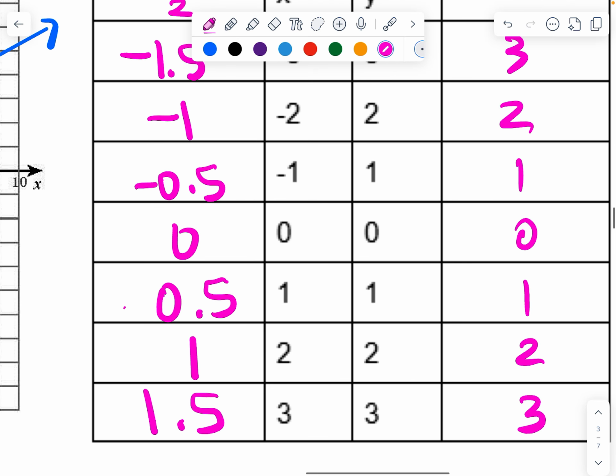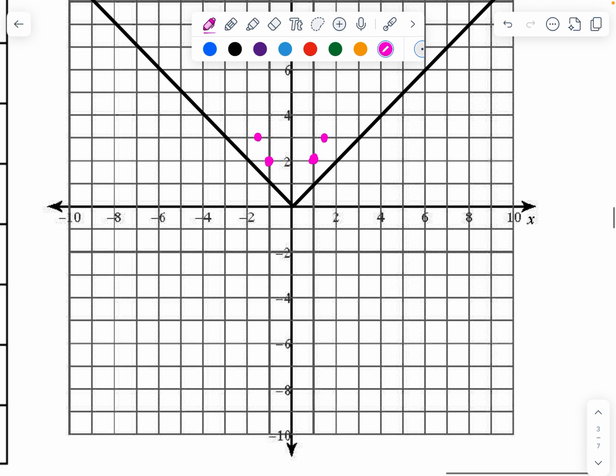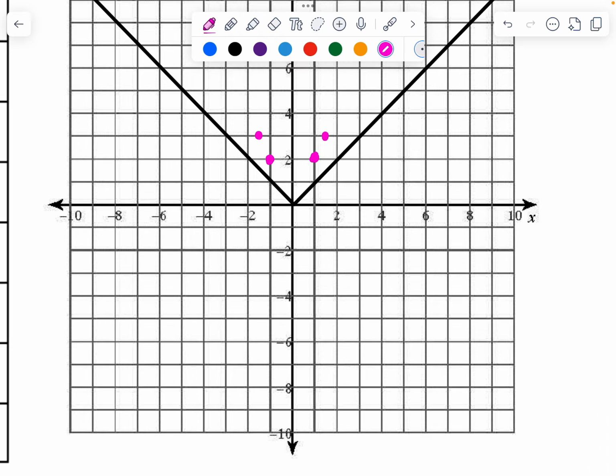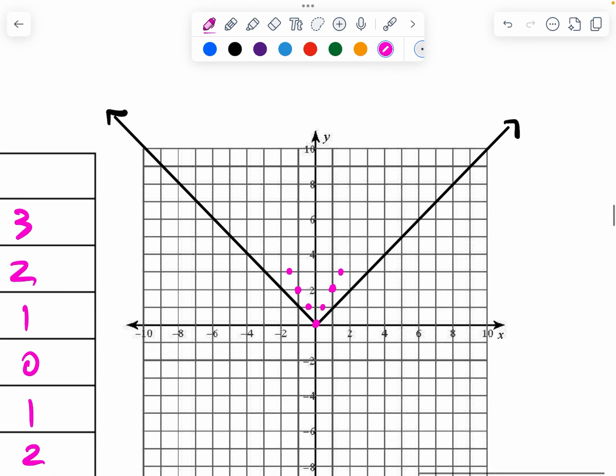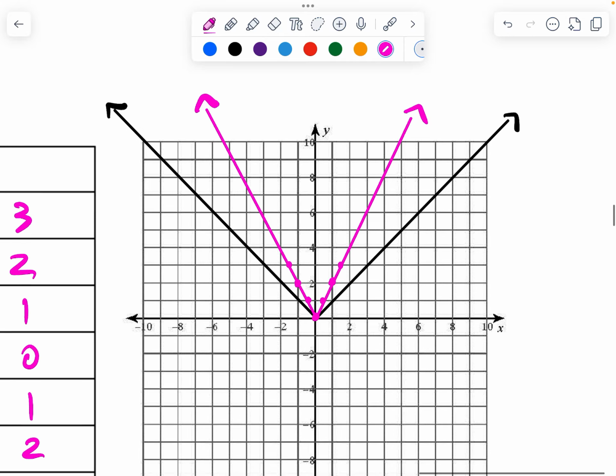And 0.5 is 1, and negative 0.5 is 1. And then we have 0, 0. We've got this. And we've got this. And there you go.